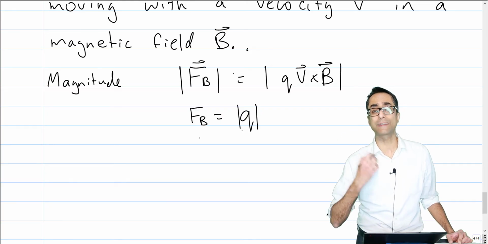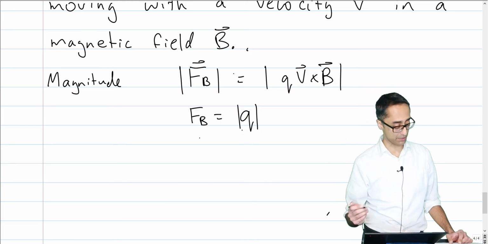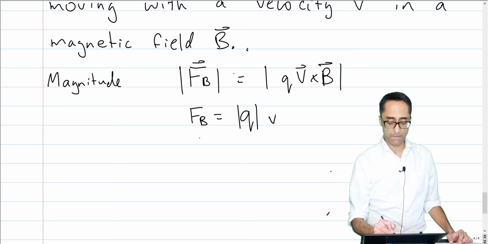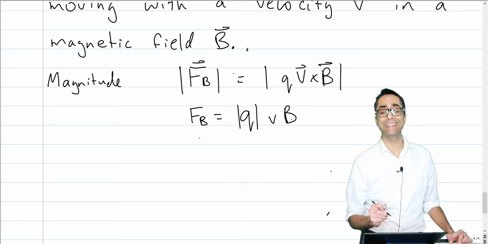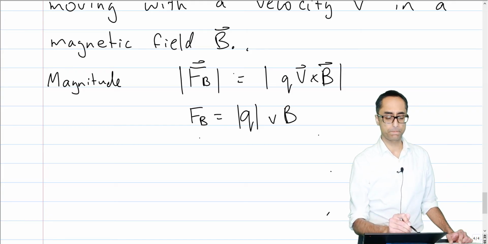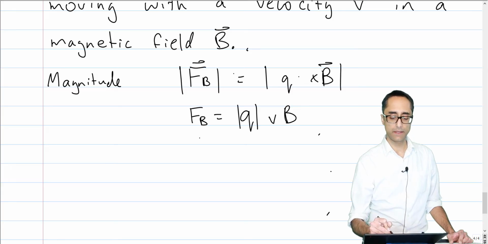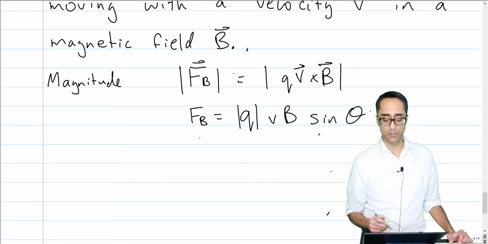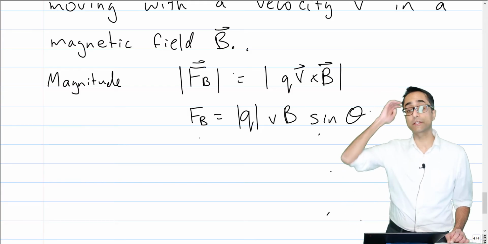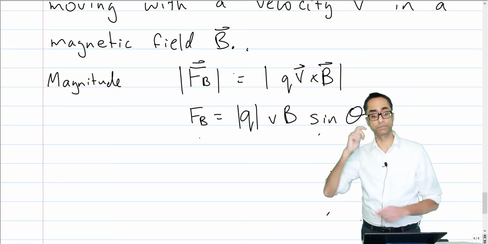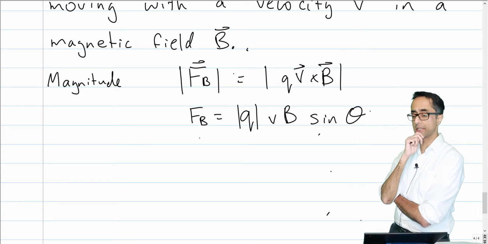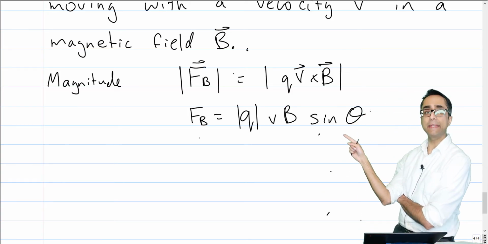Doesn't matter. I'm just trying to find out how big FB is as a positive value for now. Multiplied by the velocity, multiplied by the magnetic field, and of course we still have the sine of the angle between the two of them. Okay, interesting. So that'll get me the magnitude.